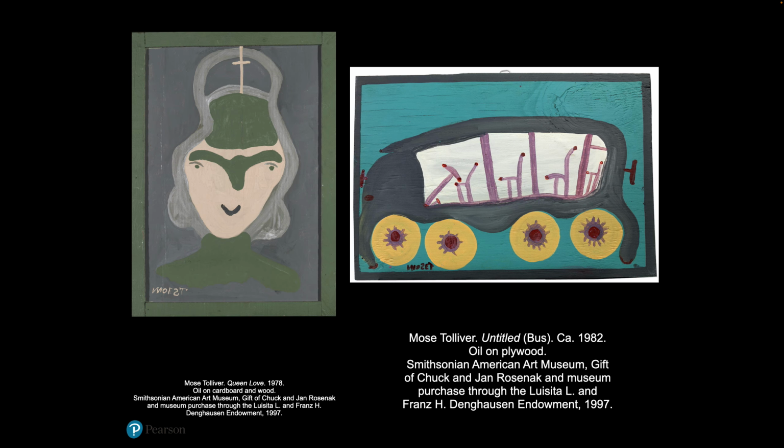Another more local example of folk or outsider art is Mose Tolliver, also known as Mose T. This is one of the most well-known folk artists from Alabama. He started making paintings after he was injured at work, and his paintings invented things as well as objects or scenes from his own experiences. He would just sell his paintings on his front porch.